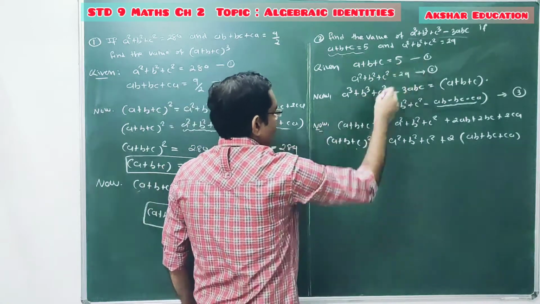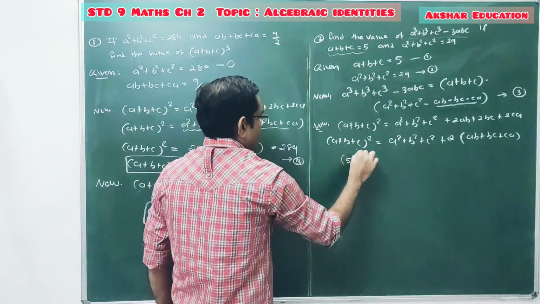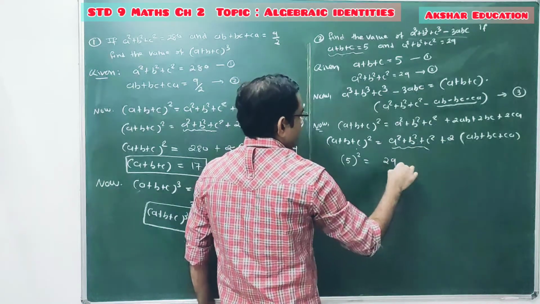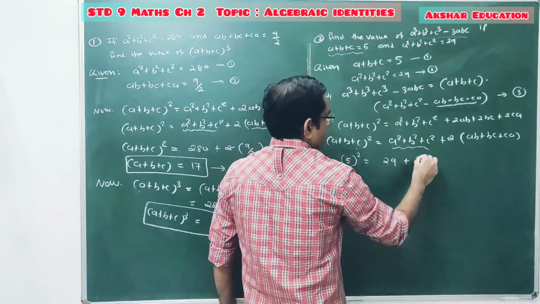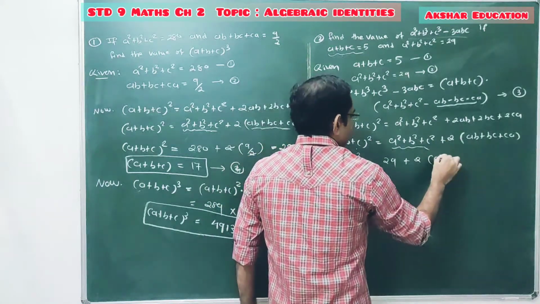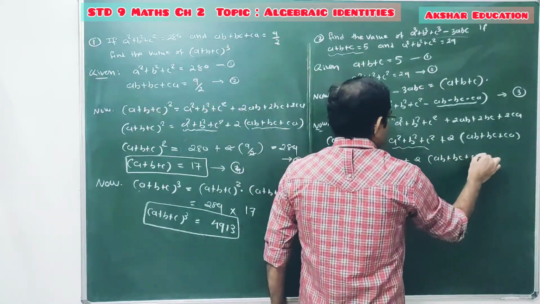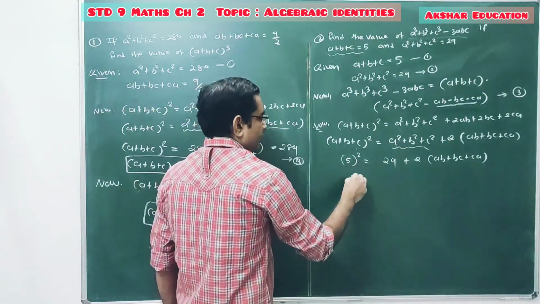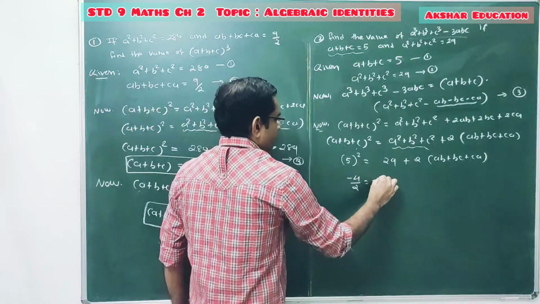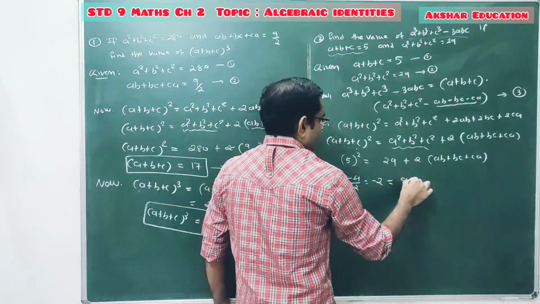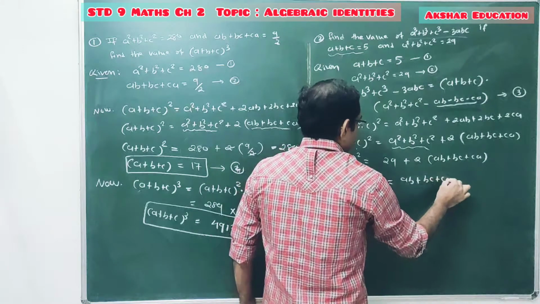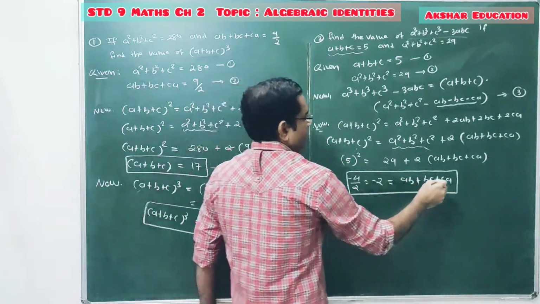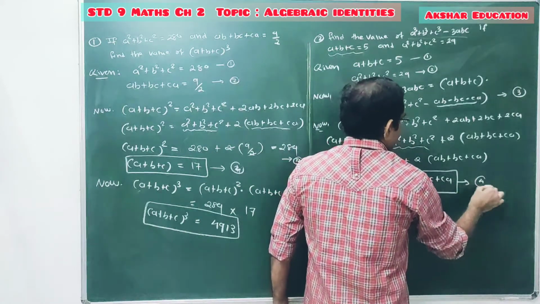Given 5 from result 1, so it's 5 square equal to, from result 2, 29 plus 2 into this ab plus bc plus ca. 5 square 25 minus 29, it's minus 4 by 2, which is equal to minus 2, and that is equal to this one, ab plus bc plus ca. So now the value of ab plus bc plus ca is equal to minus 2, say result number 4.